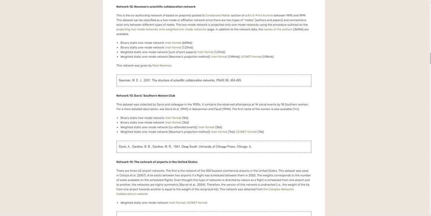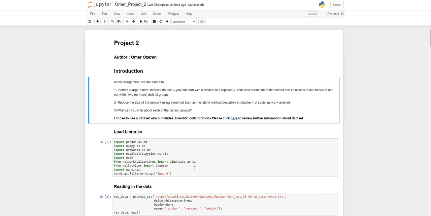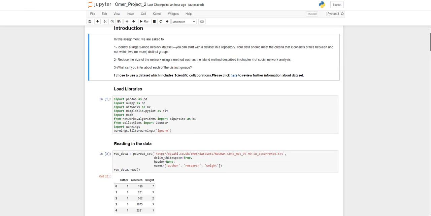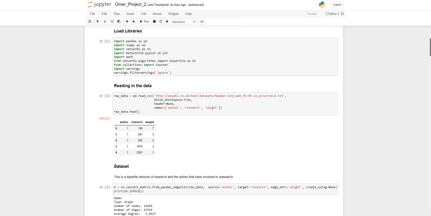For this project, I loaded a couple libraries. The major one, NetworkX, and I use algorithms by partial, for plotting purposes matplotlib, pandas and numpy. The first thing that I'm doing for this project is reading the data directly.